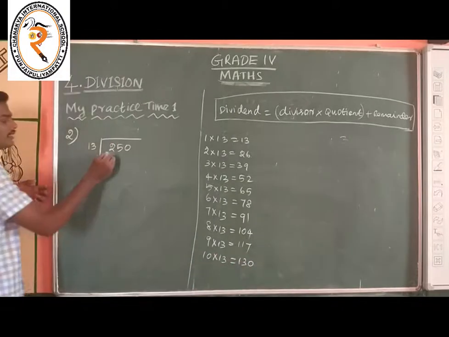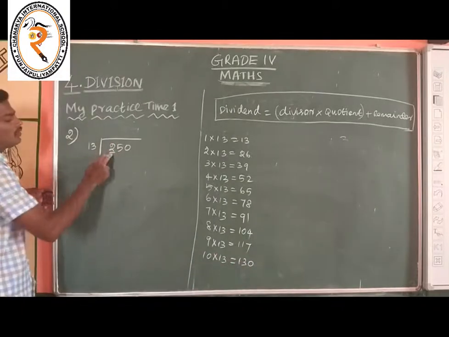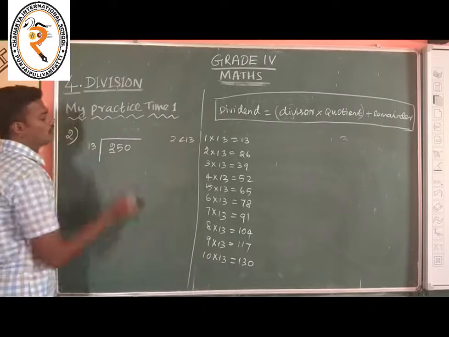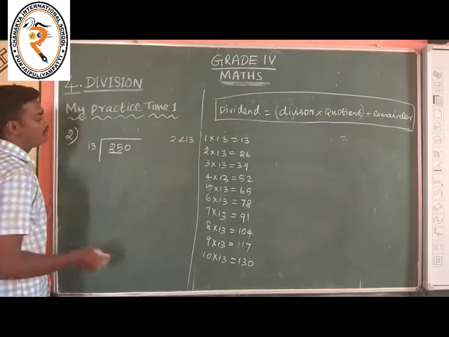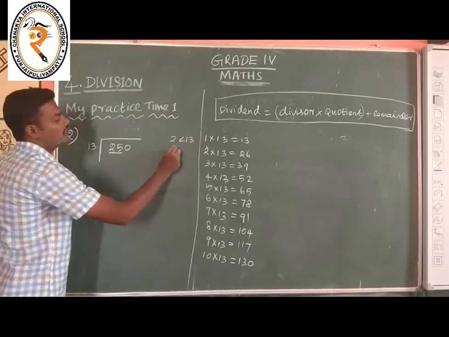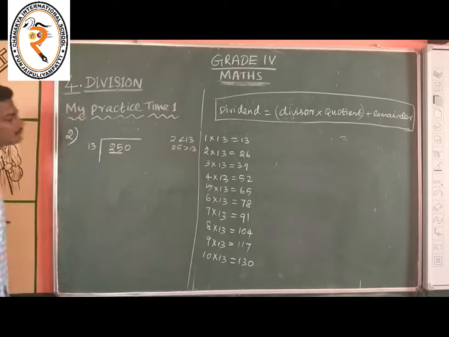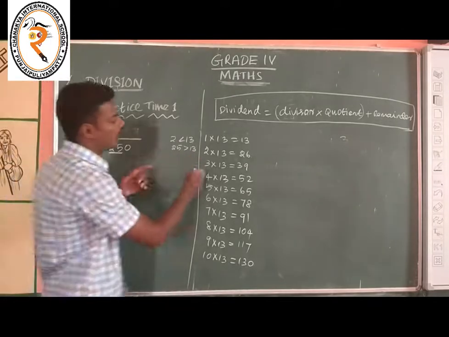First we write 2. Comparing 2 and 13, 2 is smaller than 13. So we select the 2-digit number 25. 25 is greater than 13. So in the 13th table, 25 is not here.